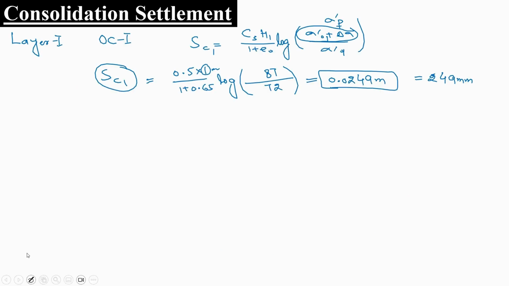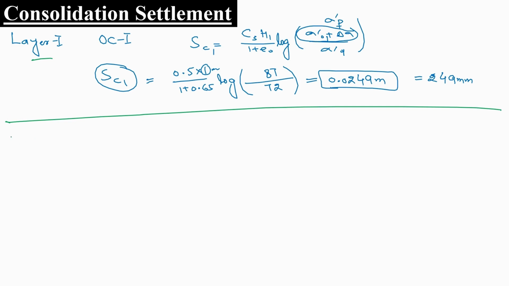Then go to second layer and apply the formula. Which formula is to be applied for layer 2? What is the case for layer 2? This is again OC1. The same formula will be applied. So just put the values. 0.5 times the depth of the second sublayer, which is also 1 meter. 1 plus 0.65 into log of.